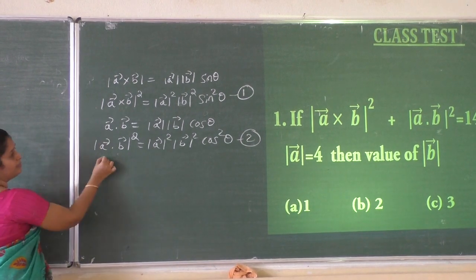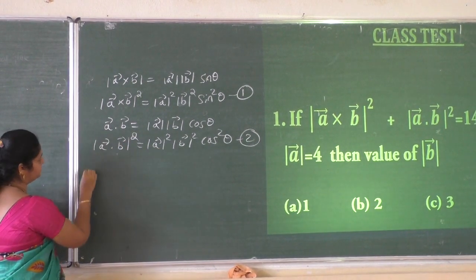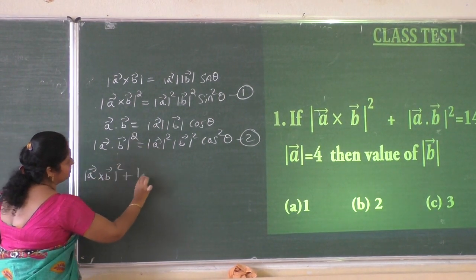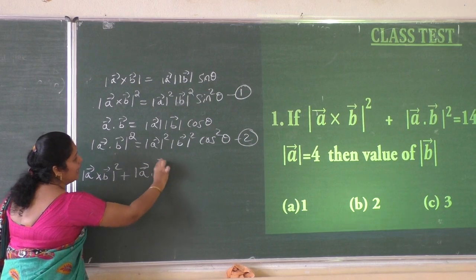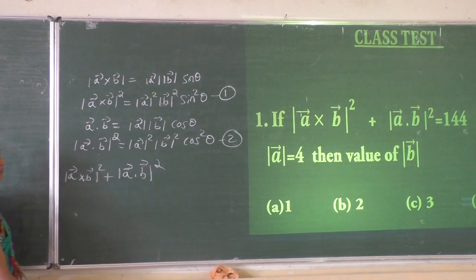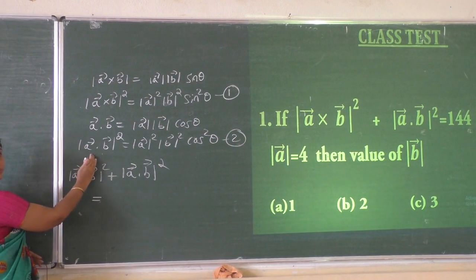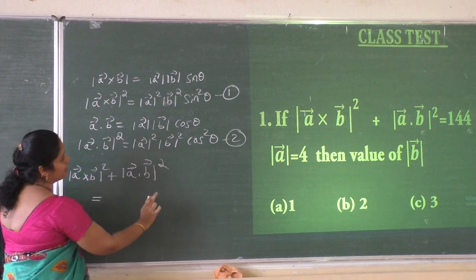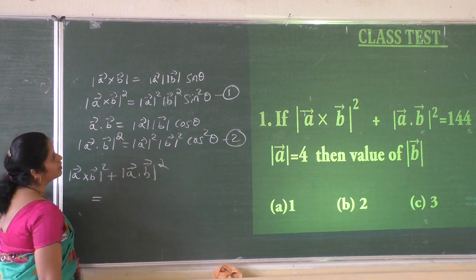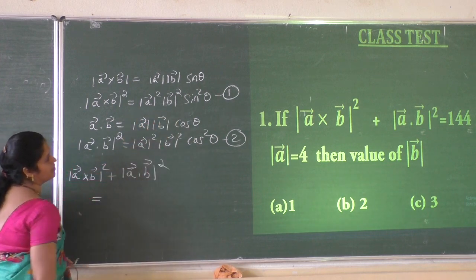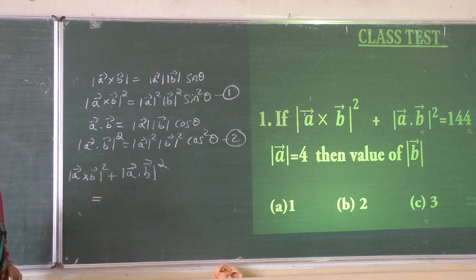Then if I add them, I will get the LHS: magnitude of vector A cross vector B square plus magnitude of vector A dot vector B square. This is equal to adding 1 and 2. So on the right side I am getting magnitude of vector A square B square sine square theta plus magnitude of vector A square B square cos square theta.